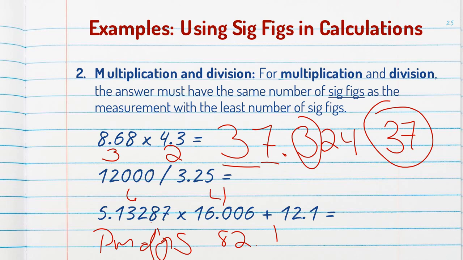82.156, is 6 up or down? It's up. And then I'm going to add 12.1. So I get 94.25.